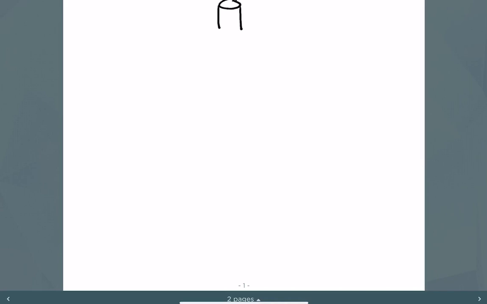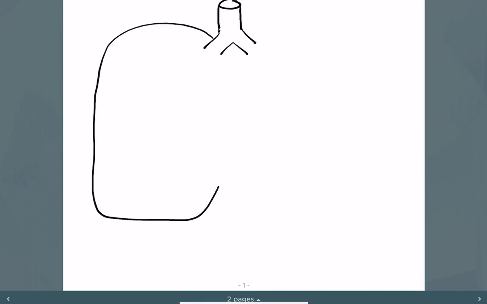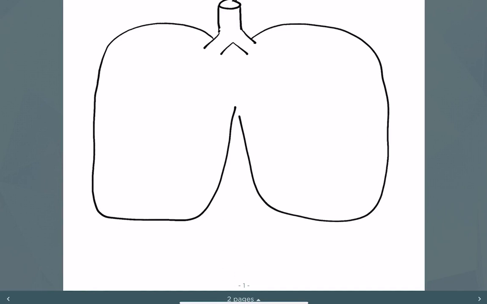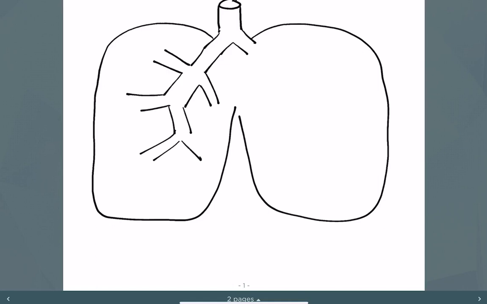All right, so we have our large airway coming in and then splitting into our 2 separate lungs. We're going to just draw out some of the bifurcations that happen here. And ultimately, this will end with alveoli.